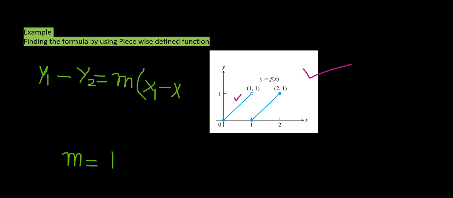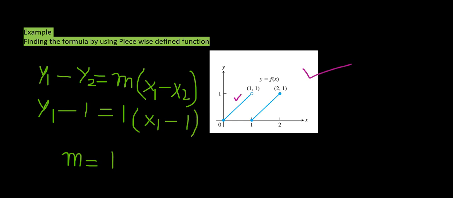I am going to put the x2 and y2 values, and that is over 1, and our m will be 1, and our x1 and then our x2 is also 1.